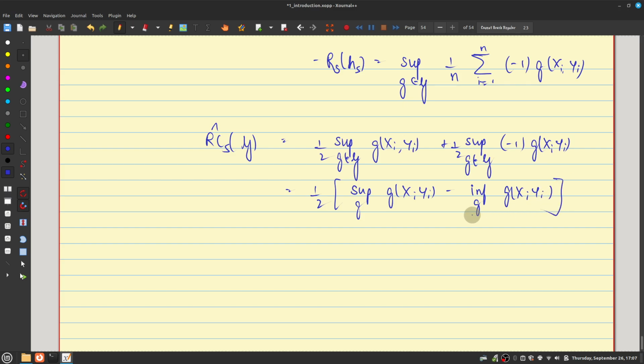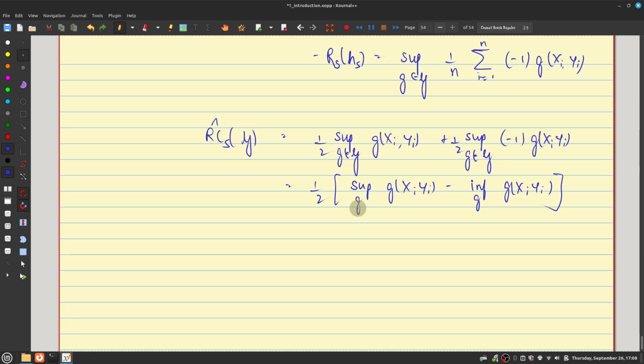If n is equal to 2, now there'll be 4 different configurations for sigma. For each configuration, you can compute the supremum, and that will be an expectation. Expectation is just a summation, right? In this case, everything is discrete and nice, so it's well defined. You're right, computing this is going to be very, very hard.